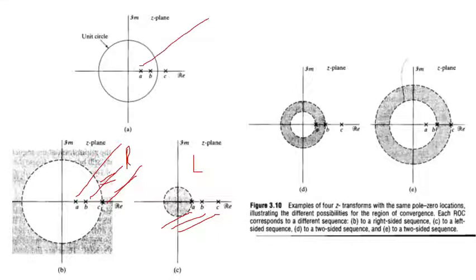This is going here, this is going here, and this is going here. So the overlapping appears between B and C.